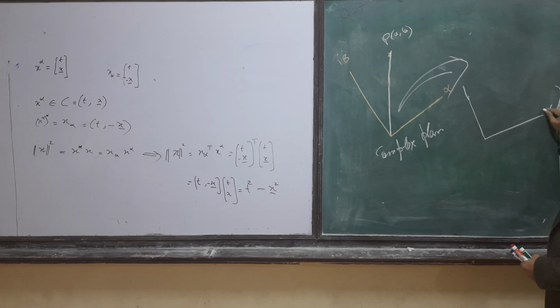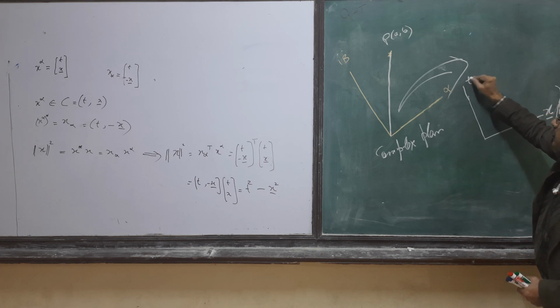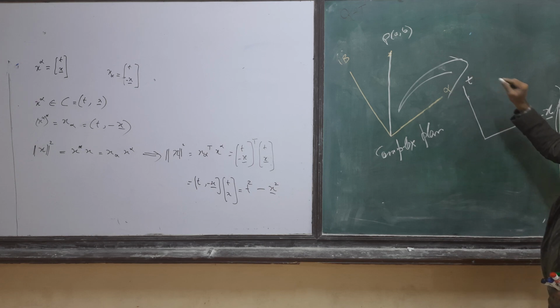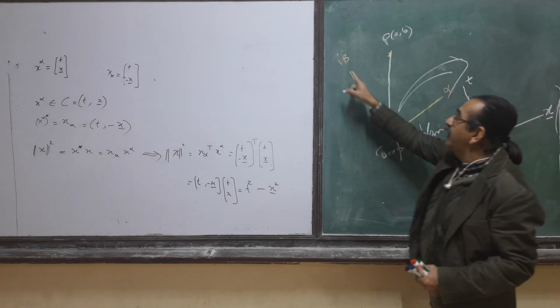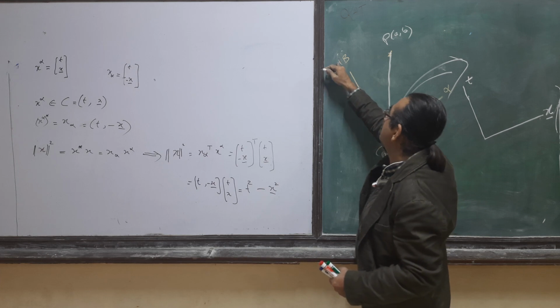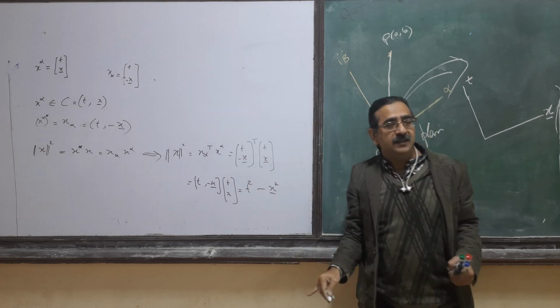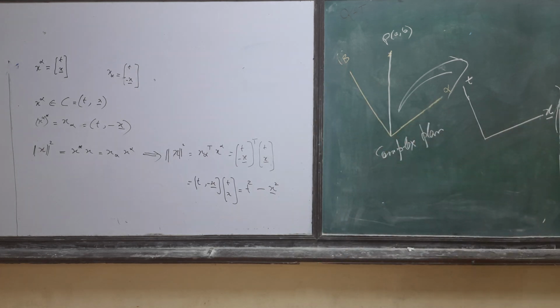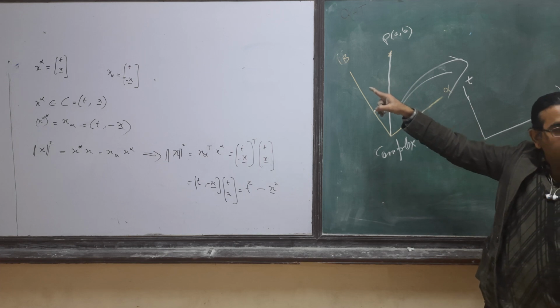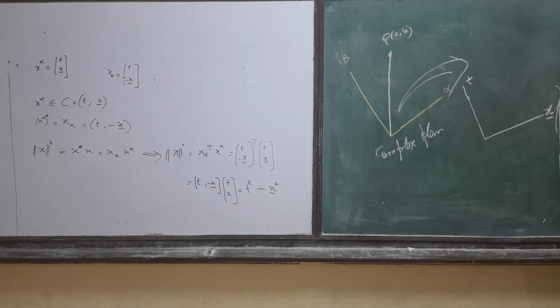This is X, and this is T. Even if I don't write it, this means imaginary. If two axes are orthogonal, one is along the real, because we can't distinguish. So this will be equal to this.